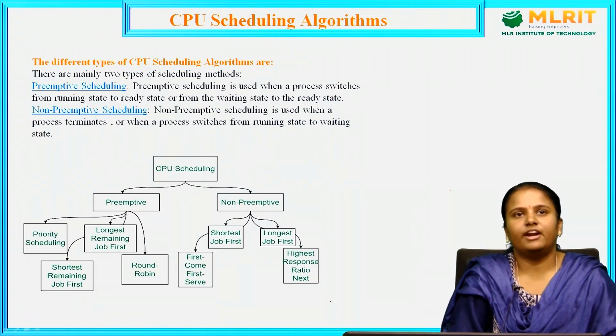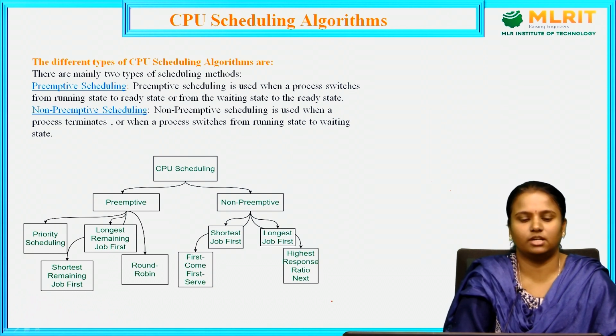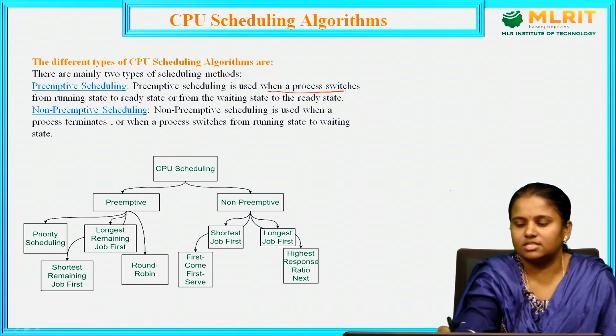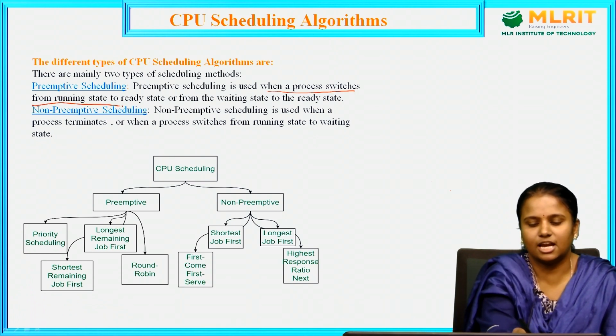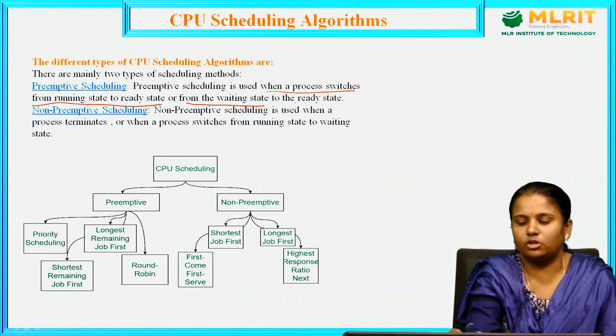Next, the different types of CPU scheduling algorithms are mainly of two types: preemptive scheduling and non-preemptive scheduling. Preemptive scheduling is used when a process switches from running state to ready state, or from waiting state to ready state.